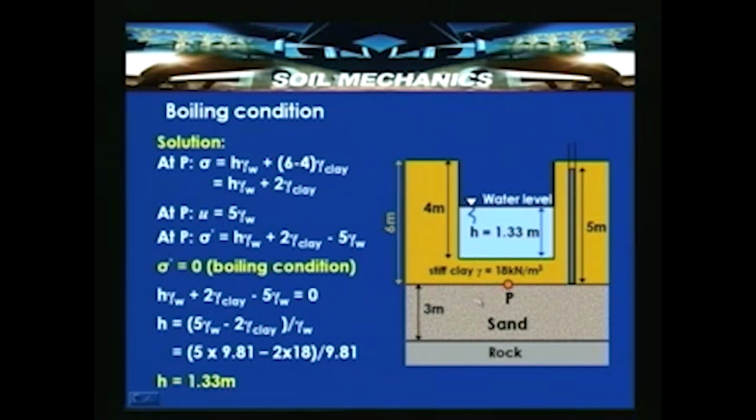So there is a decrease in total stress because of the excavation. Total stress is gamma W H, which is required to be determined, plus 2 times gamma clay.